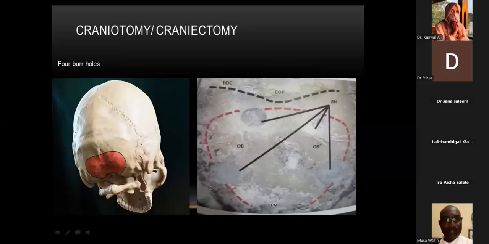After the muscle and soft tissue dissection, there is a craniotomy or craniectomy. Some neurosurgeons do the craniotomy and some do the craniectomy, but I prefer the craniotomy. If you feel there is edema intraoperatively or postoperatively, you can remove the bone.